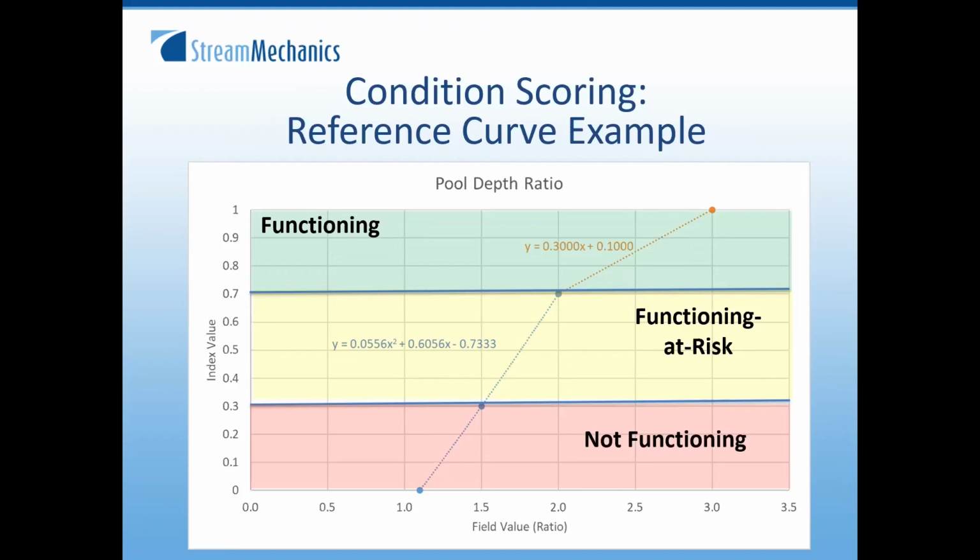The regression lines that you see are essentially the model from the regionalized data of pool depth, to convert the field values into the index value. The curves themselves look very different from metric to metric, but the process in developing them is the same.